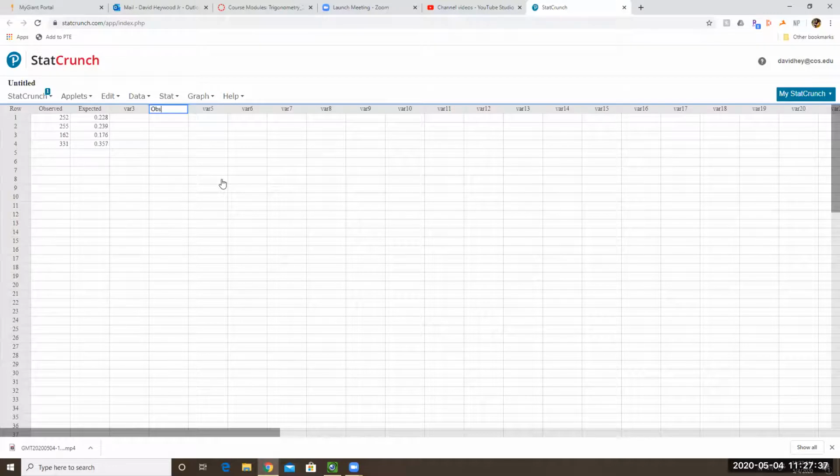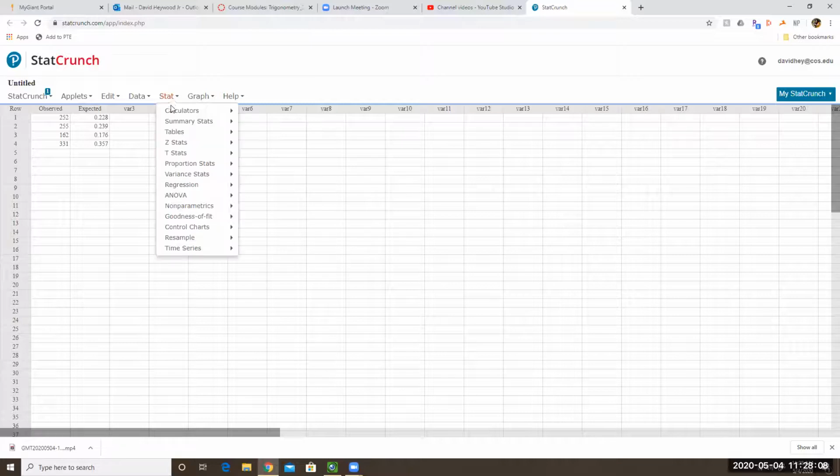I've got to make this different than what it was before, so I don't get mixed up. So I'm going to call it obs and exp. The observed counts are 17, 17, 27, 13, 9, and 6. The expected proportions were 30%, 30%, 10%, 10%, 10%, 10%. Now let's see what we get.